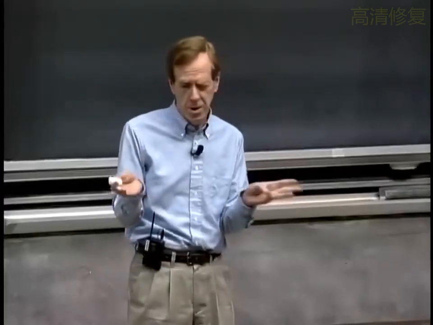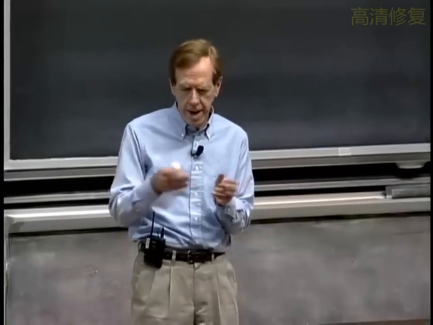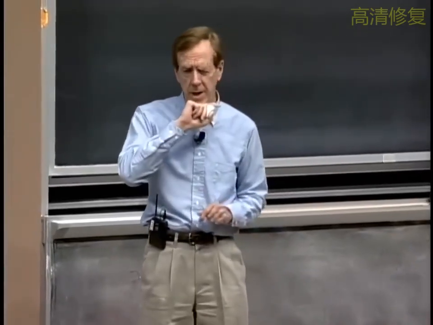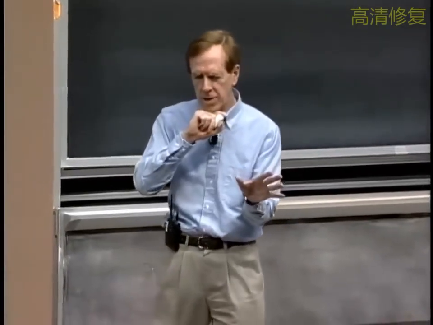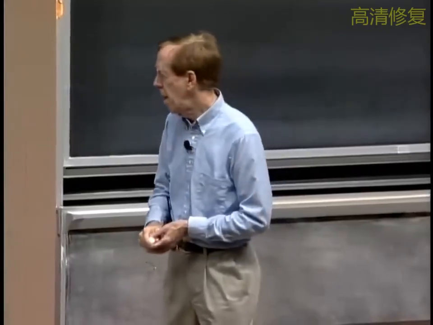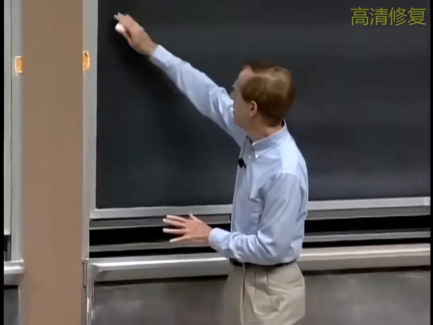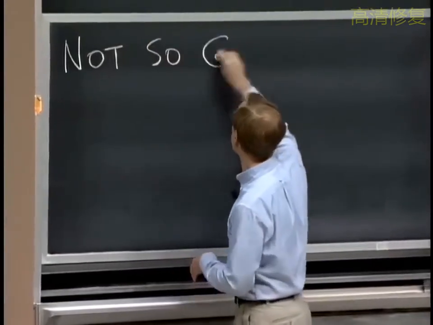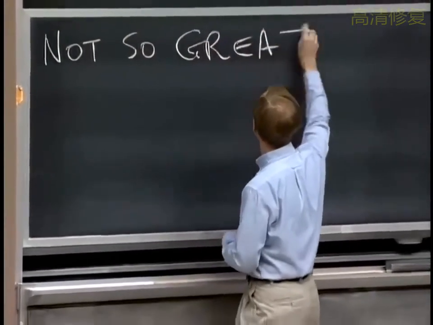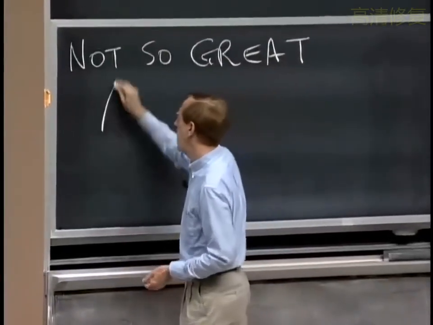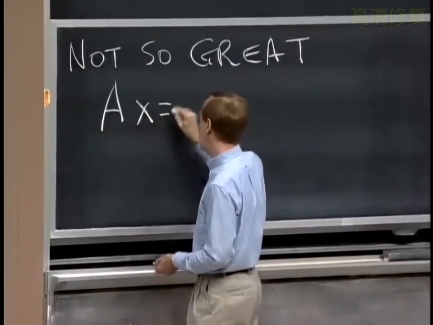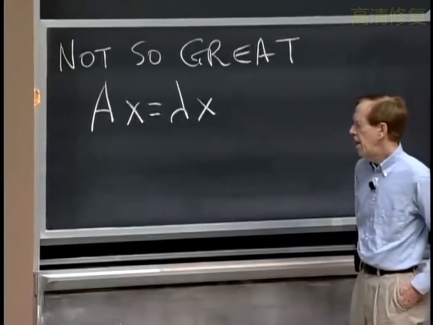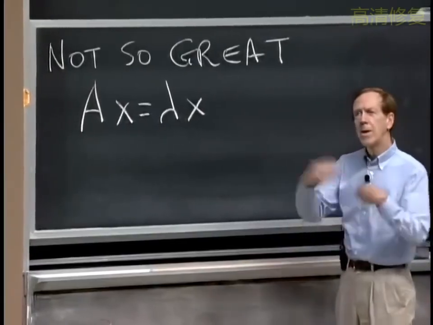So that's great. Of course, it's special. We got the new matrix by adding 3I. Suppose I had added another matrix. Suppose I know the eigenvalues and eigenvectors of A. So this little board here is going to be not so great. Suppose I have a matrix A, and it has an eigenvector x with an eigenvalue lambda. And now I add on some other matrix.